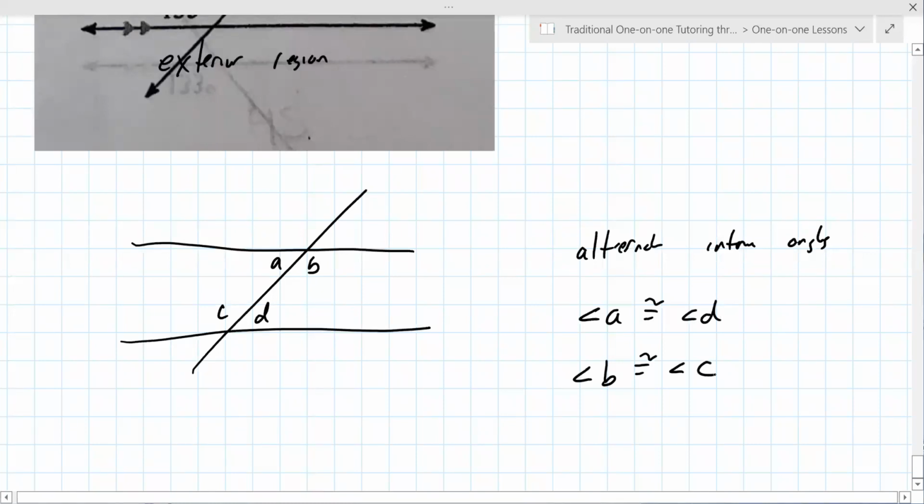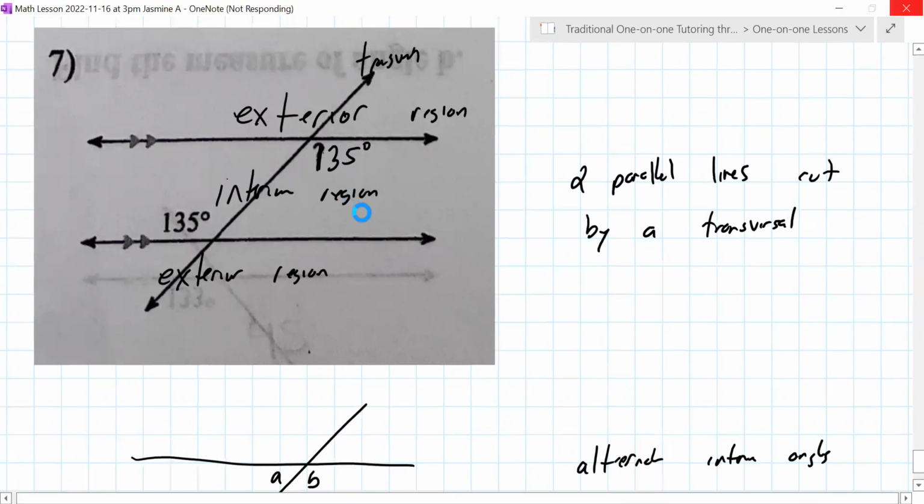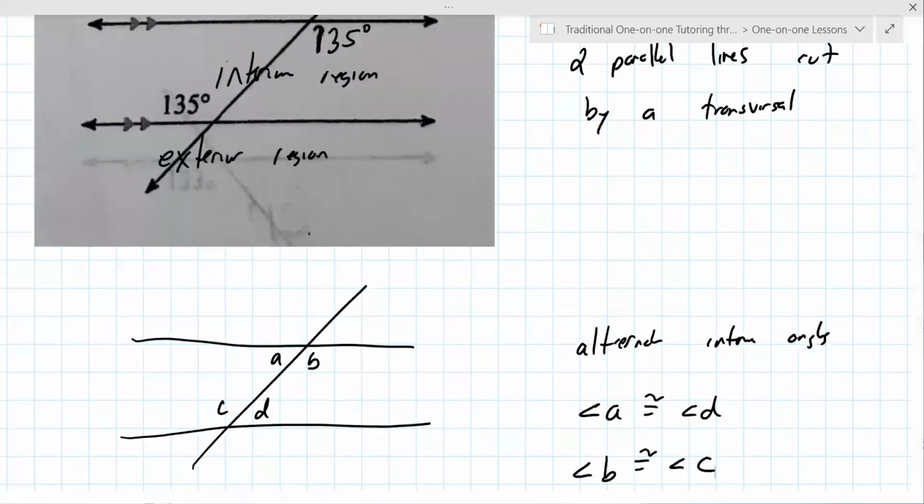So you have to remember what alternate interior angles are, because there are actually only two answers to this question. It's either 135 or 180 minus 135. If it were a multiple choice test, there'd only be two answers. You don't want to guess on true false, because it's too easy to miss something. You just want to get the right answer and compare it.